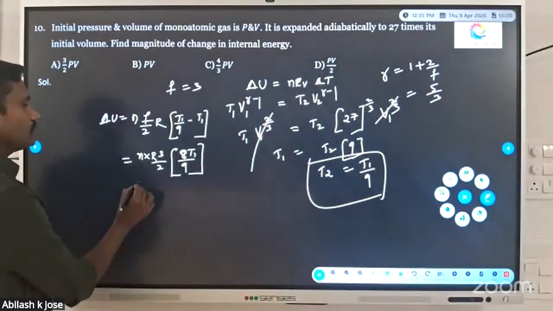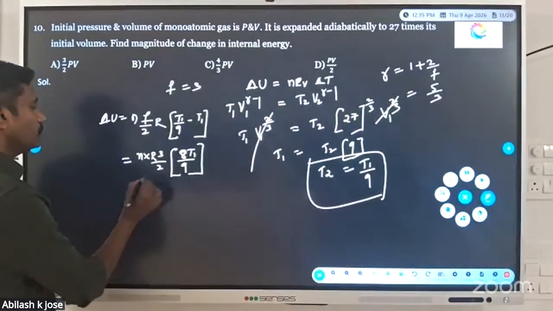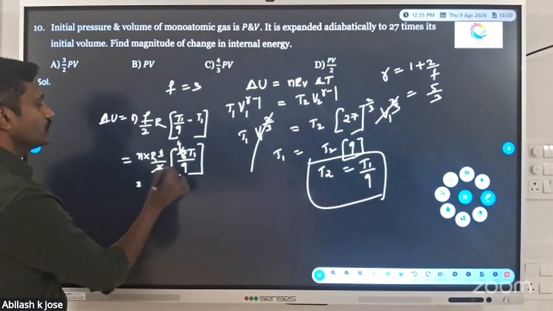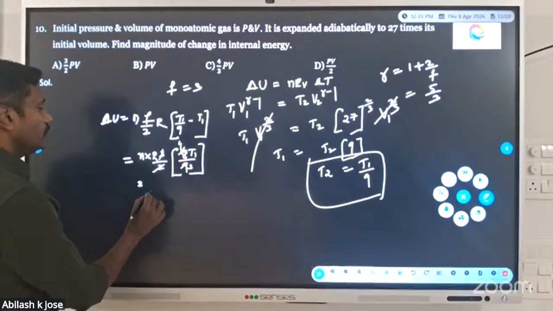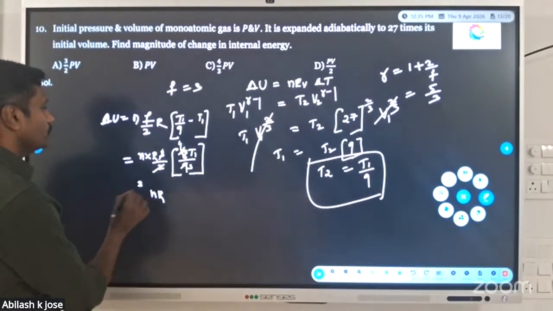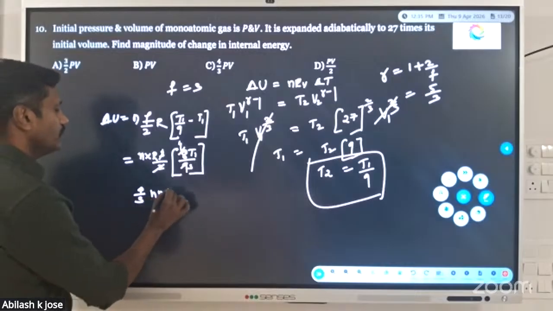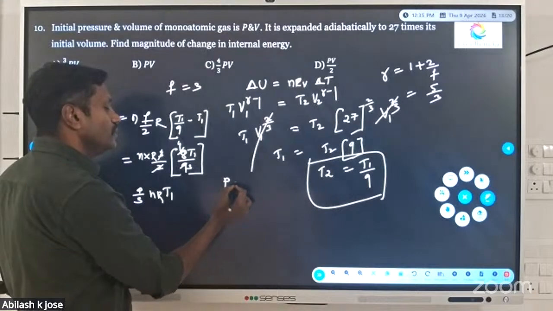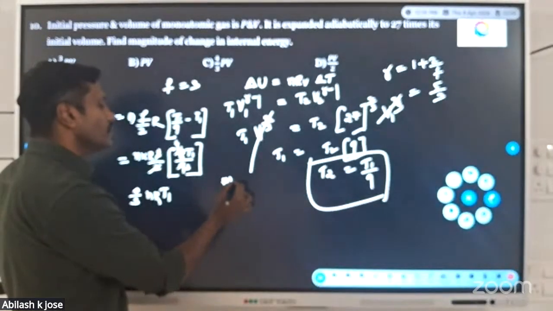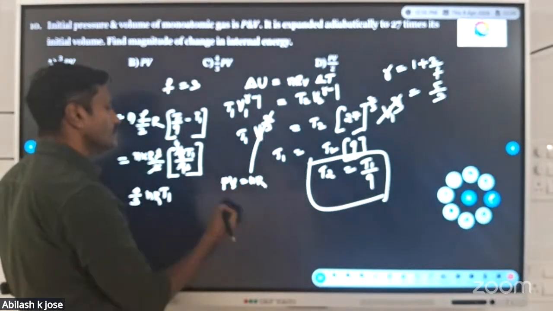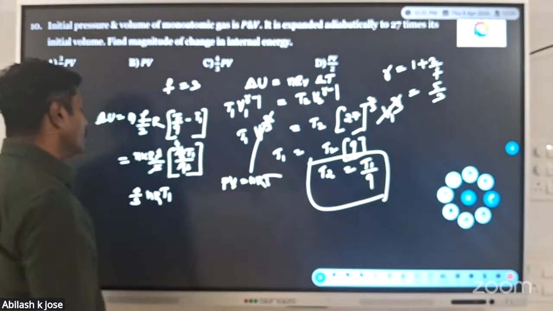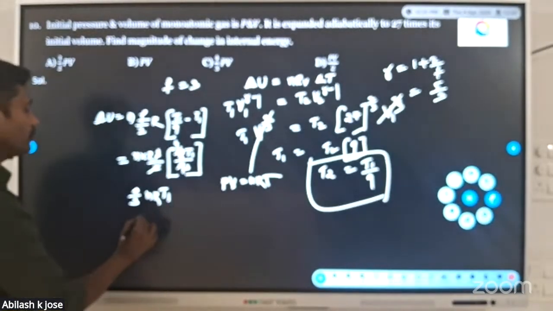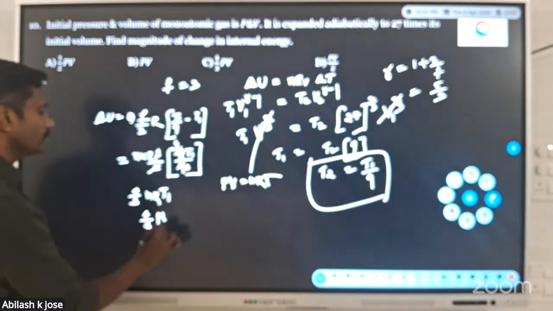Right, so this is 2 cancels, 8 by 9 times 3 by 2 gives 4 by 3 into n R T1. Now the initial pressure is P, initial volume is V, so we can use n R T equal to P V. So the energy change is 4 by 3 into P V.